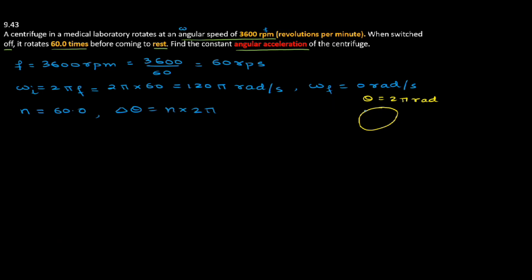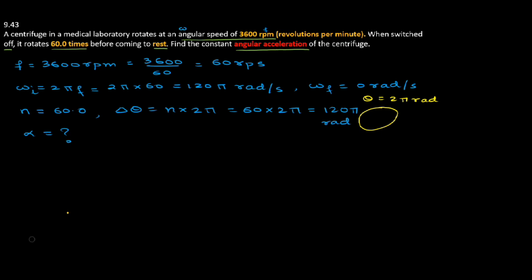Because if one revolution is 2 pi radian, if you go around the same circle 60 times, your delta theta now will be 60 times 2 pi, which will be 120 pi radian.